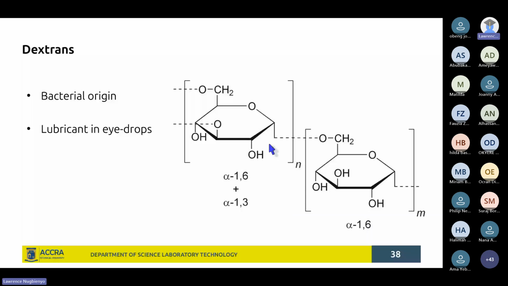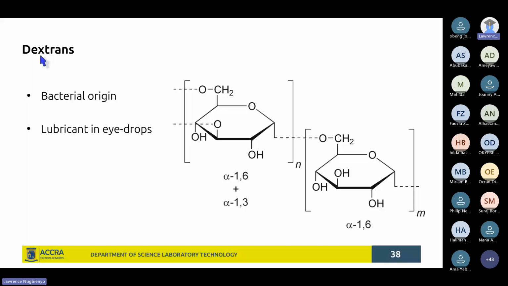These molecules, dextrans, are generally formed by bacteria in the buccal cavity, the mouth, Streptococcus, that acts on carbohydrates to form what we refer to as plaques. So plaques actually have dextrans as a major component.